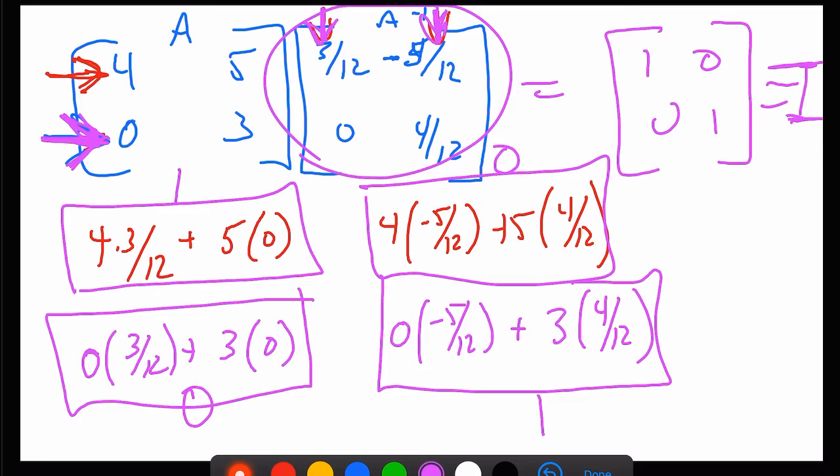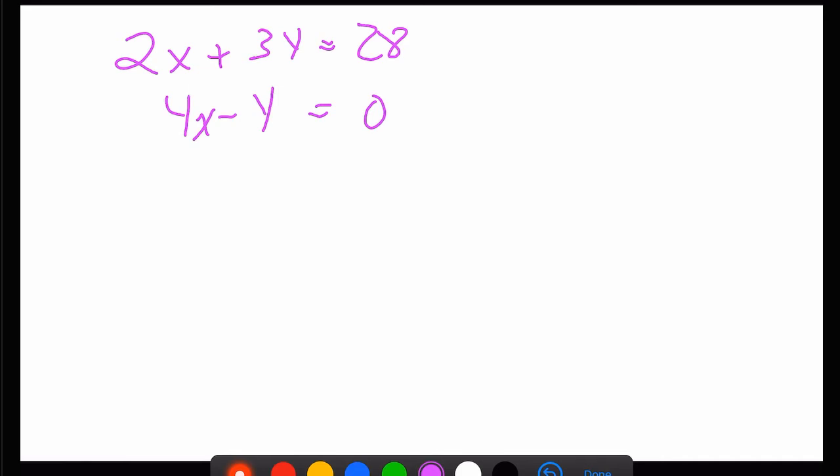Now, we haven't done big old nasty like 3 by 3 anything. And yeah, we're talking big old nasty there. But let's go try something else. Okay, so we have two equations here, which I can put into matrix form, yes?